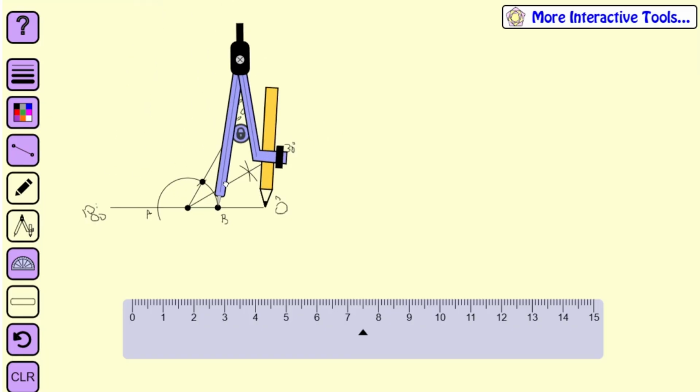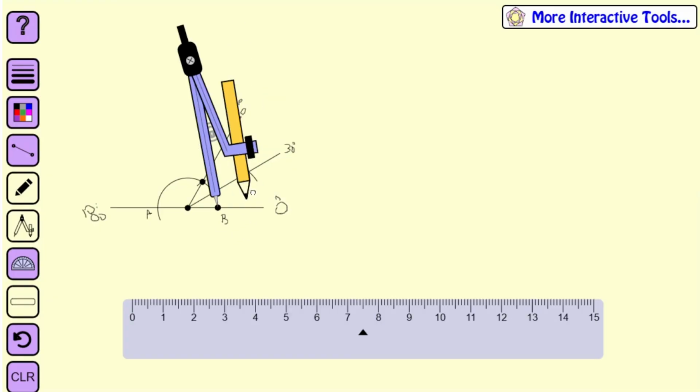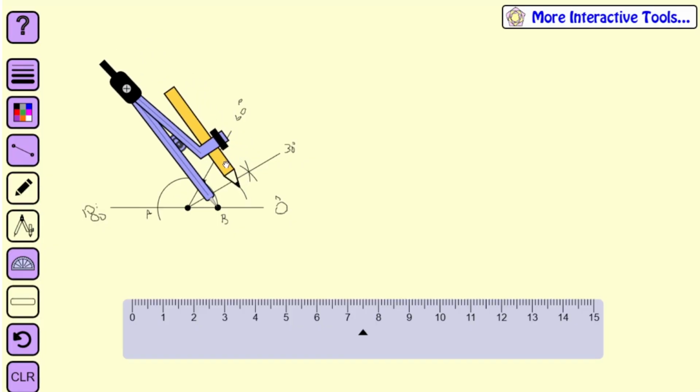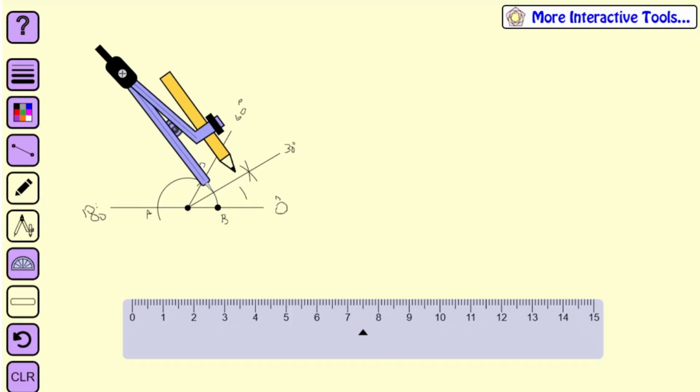Get your compass. 2 points you're going to use now are going to be the points on your zero line, in the middle of 0 and 30, that's what we want. And the point where your 30-degree line is intersecting or cutting this circle. So point 1 is B, where the semicircle is cutting the zero line, and point 2 is going to be where your 30 degree is cut.